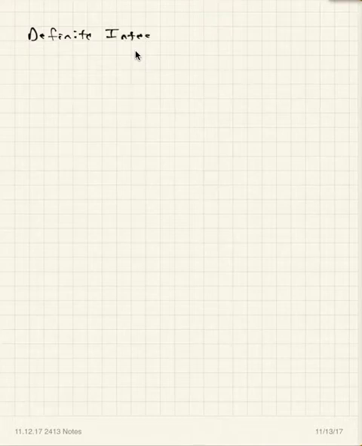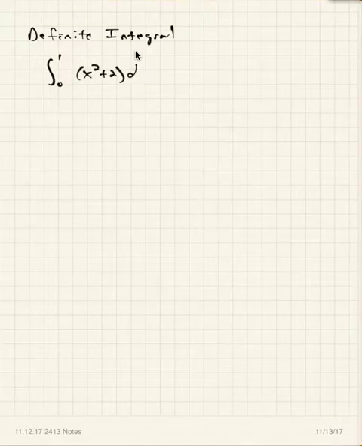First thing is the definite integral. Remember a couple of things we talked about from last time. If you have a definite integral like this, the integral from 0 to 1 of x squared plus 2 dx, what we talked about last time was a general format.